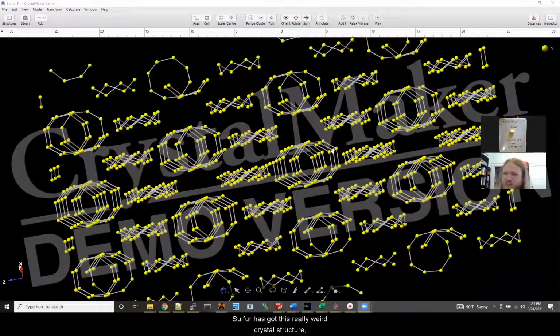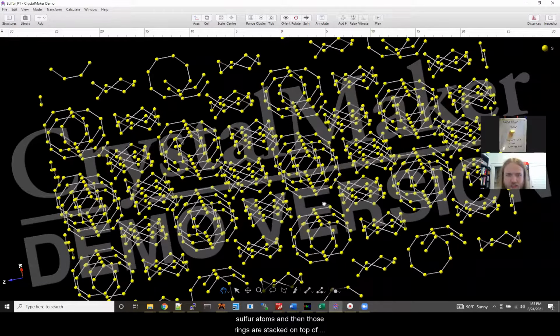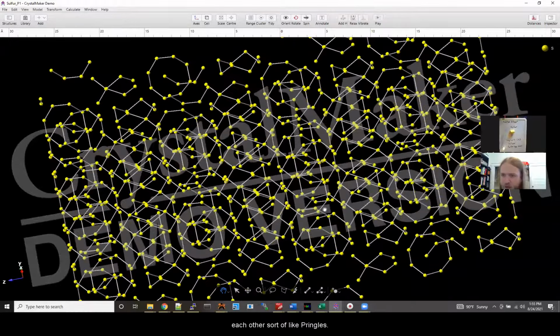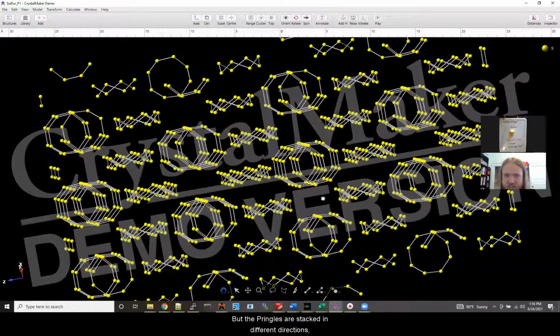Sulfur's got this really weird crystal structure, though, one of the weirdest I've seen, that's made of rings of 8 sulfur atoms, and then those rings are stacked on top of each other, sort of like Pringles, but the Pringles are stacked in different directions. So some Pringles are stacked up and down, and then some Pringles are stacked into the plane of your screen here. It's bizarre.